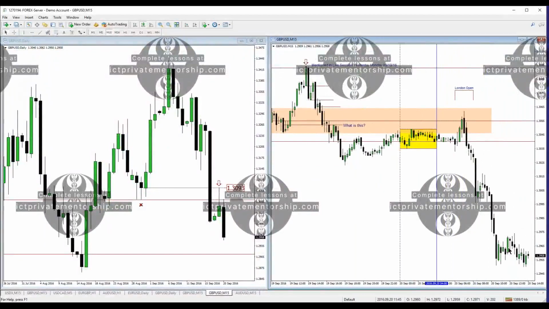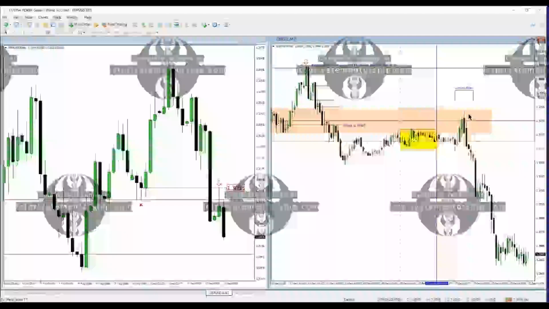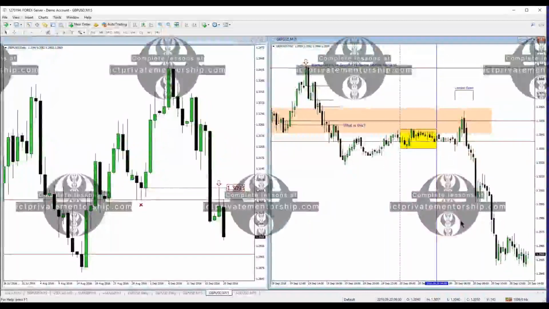Now as we get into New York, it starts for me at 7 a.m. New York time. At 7 a.m. New York time, you're expecting the market to go either into consolidation, or go into a market reversal profile where it can go back into the daily range and go back up, and sometimes it can come all the way back up and clear out the high, which is the reason why you need to be available and awake looking at price at 7 a.m. I don't care where you're at in the world, your smartphone needs to have access to the charts.